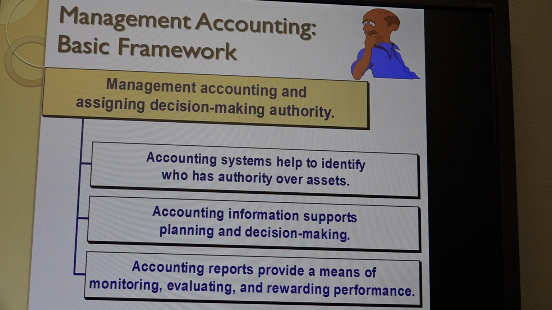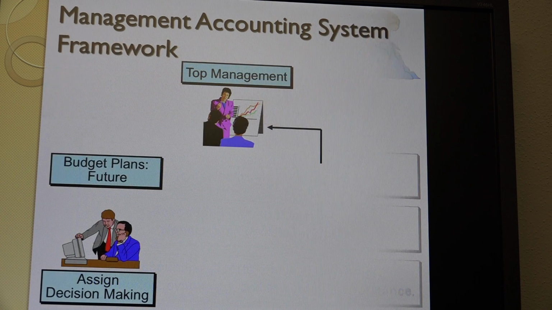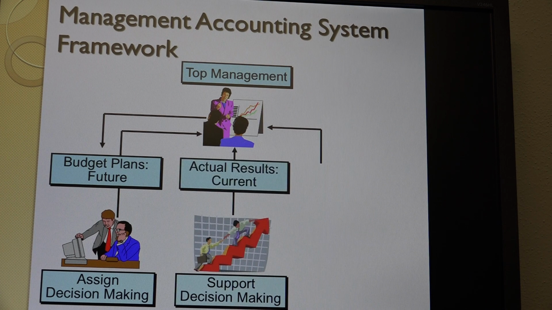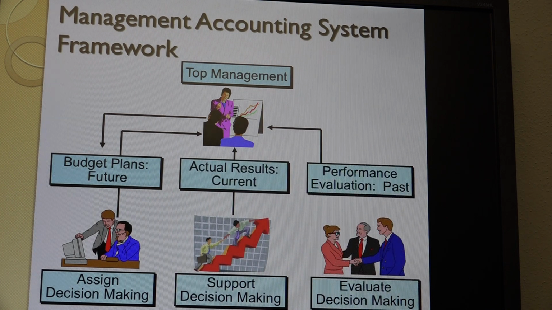These accounting reports provide a means of monitoring, evaluating, and rewarding performance, or possibly not rewarding performance, depending on whether performance is good or bad. Again, this is part of that system framework we talk about.